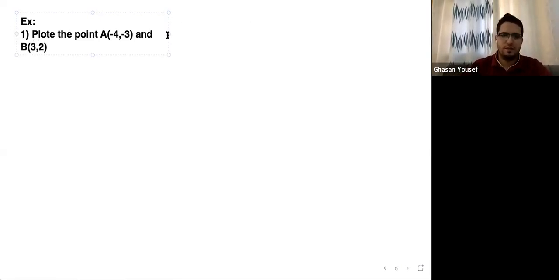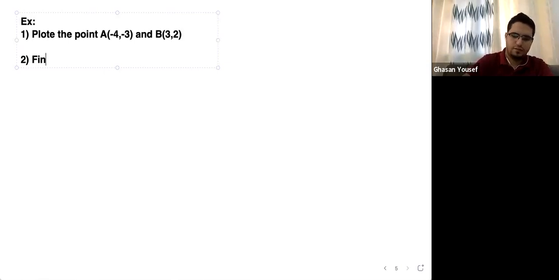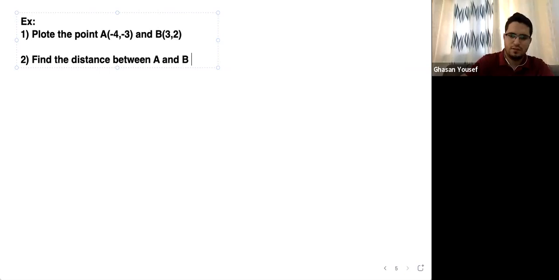This is the first example. The second example, find the distance between A and B. Third example, find the midpoint M of x comma y.